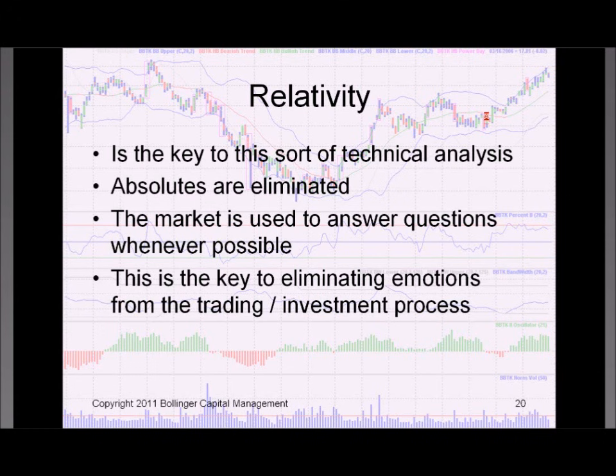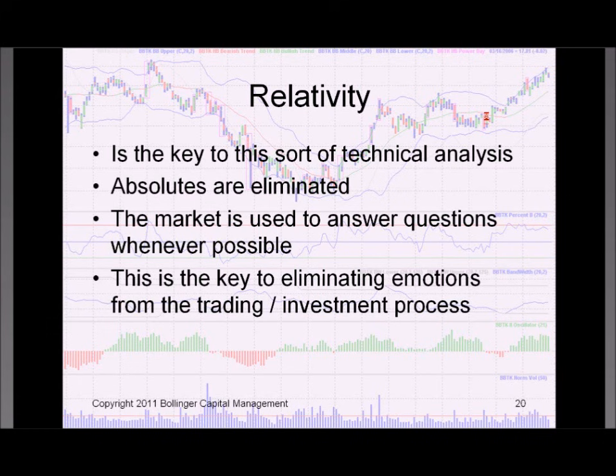So, and it's this key of relativity that I think is important to this successful approach to technical analysis. And I think it is going to be the key to your successful use of candlesticks as well. A doji or a morning star or three crows or what have you, whatever formations you like to trade, I think you'll find that there's a great deal of value in considering whether those formations are occurring relatively high or relatively low in the price structure.